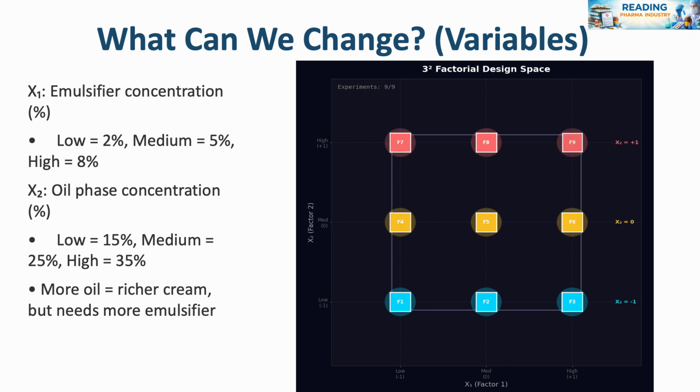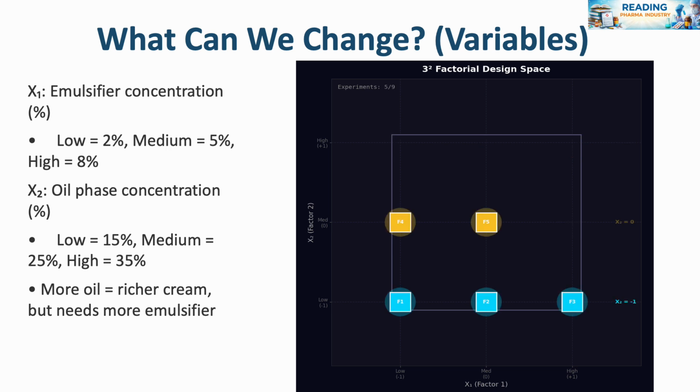The oil phase can also be changed. And here, for example, we are preparing an oil in water cream. So clearly here, the maximum should be much lower than the aqueous phase, and in this case it is 35%. So you see the ratio we have varied is 15, 25, and 35.